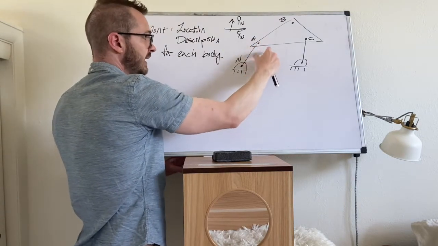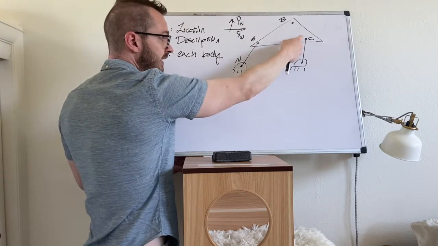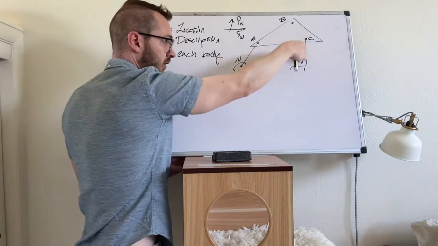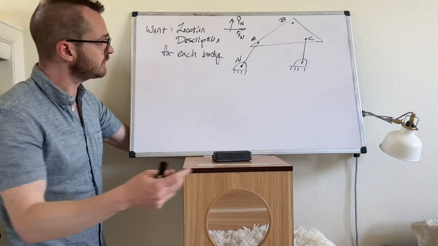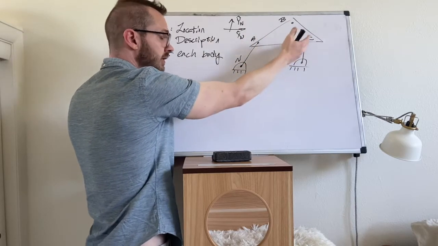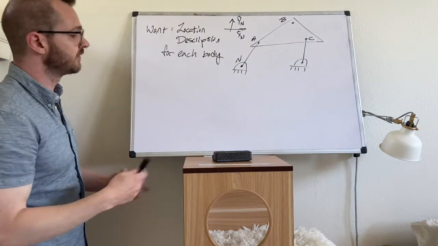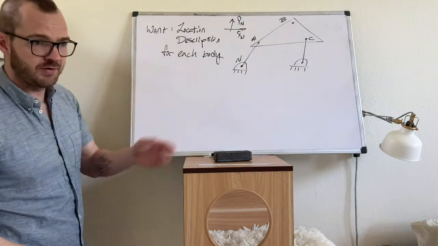Point A is on body A. Here is point B, and it's on body B. And point C is the pin joint, and that's actually on body C as well. It's shared by both B and C. So I'm going to use point A for body A, point B for body B, and point C for body C. So that works. Next, you have to have a point for every body.